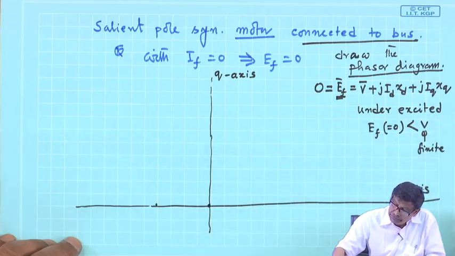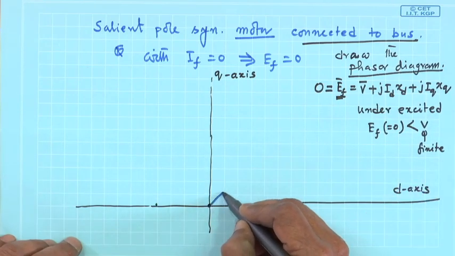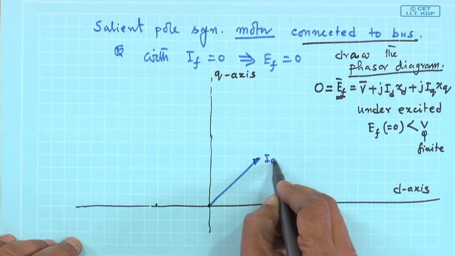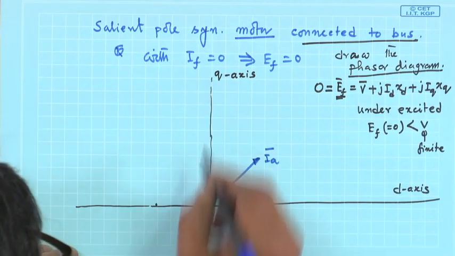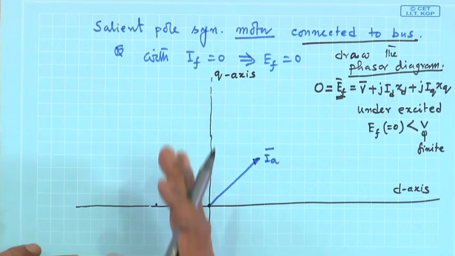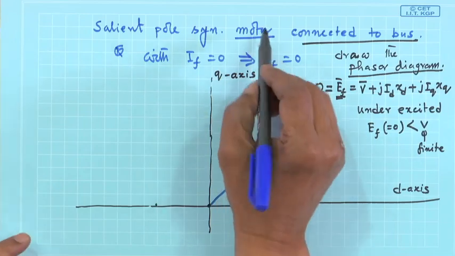Therefore, your armature current may be somewhere here. So, this is the line along which Ef lies. So, armature current lags that, and also it is a motor mode.